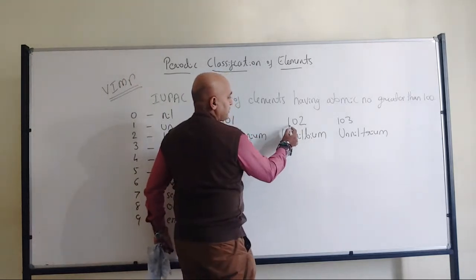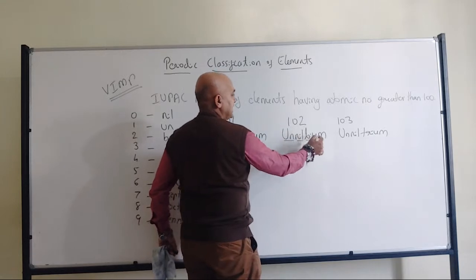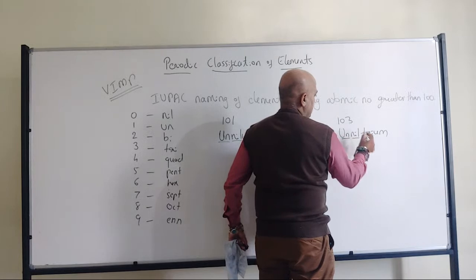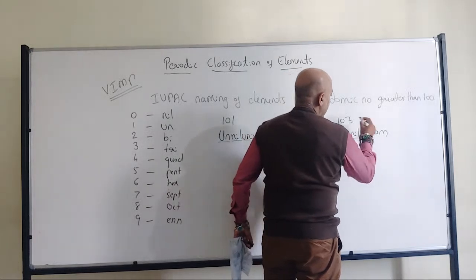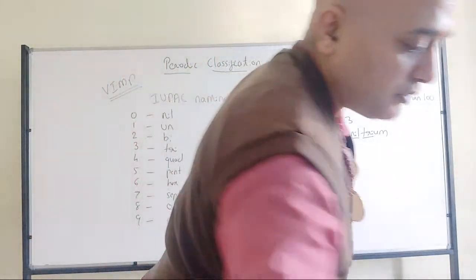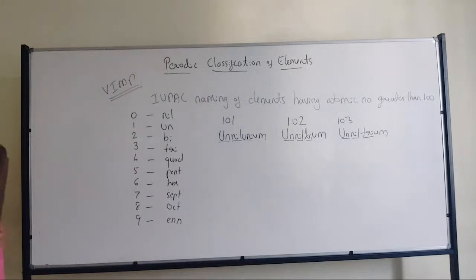Un stands for 1, nil stands for 0, bi stands for 2, at the end UM. Un stands for 1, nil stands for 0, tri stands for 3, then UM. So that's where we have to name the elements, not molecules, elements.